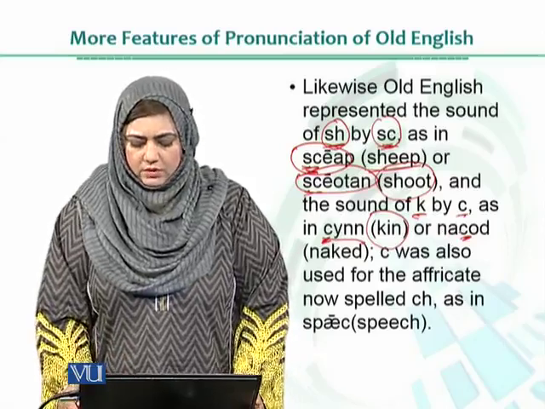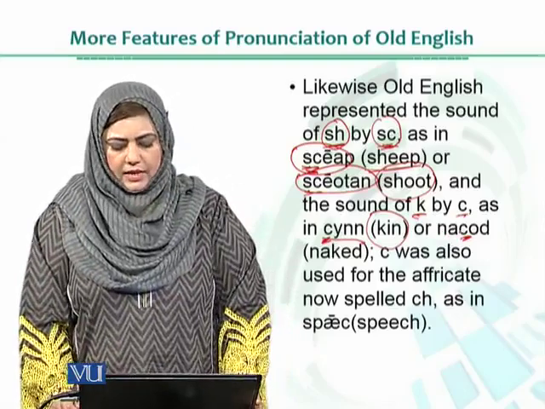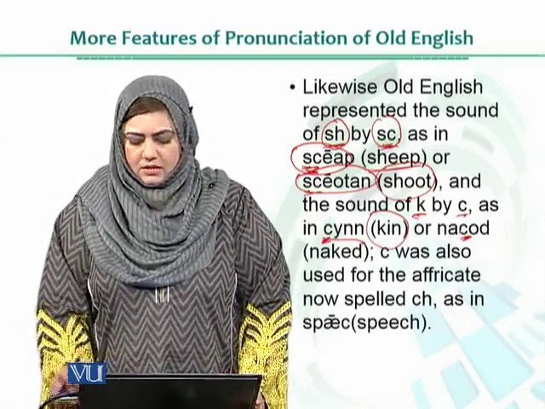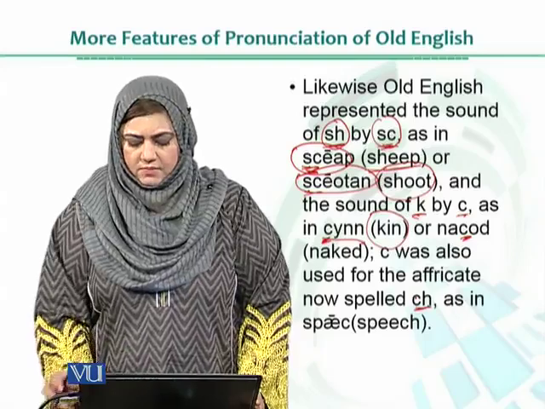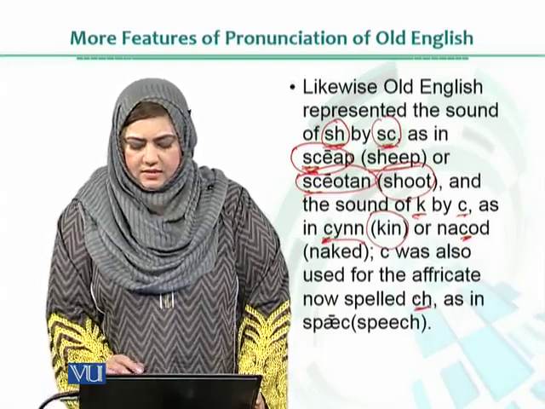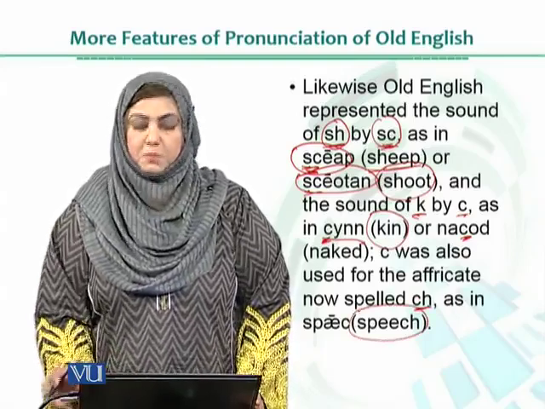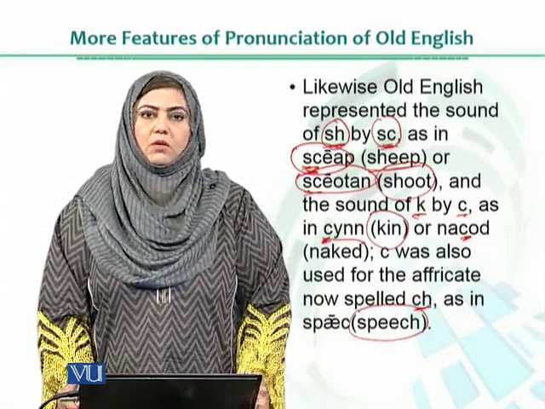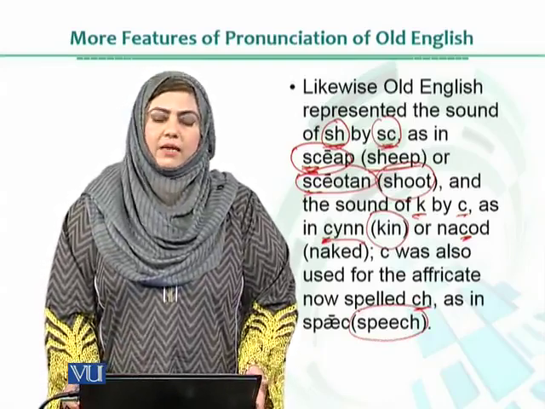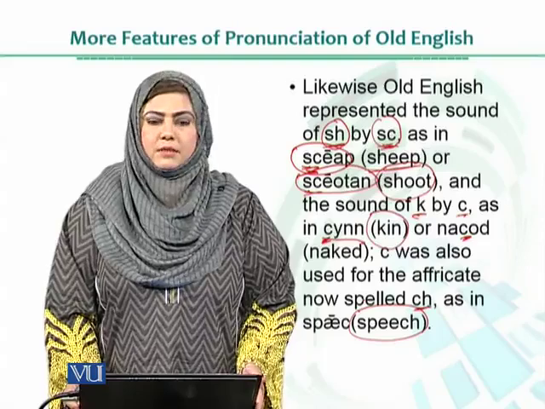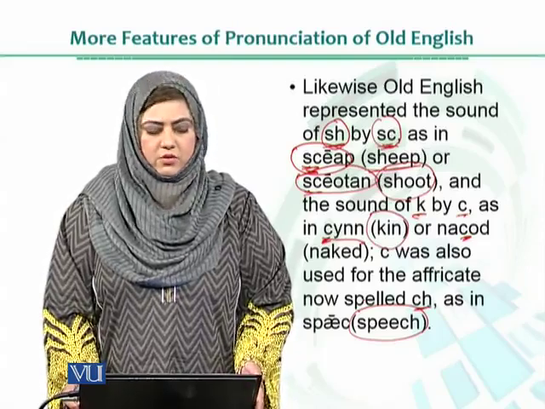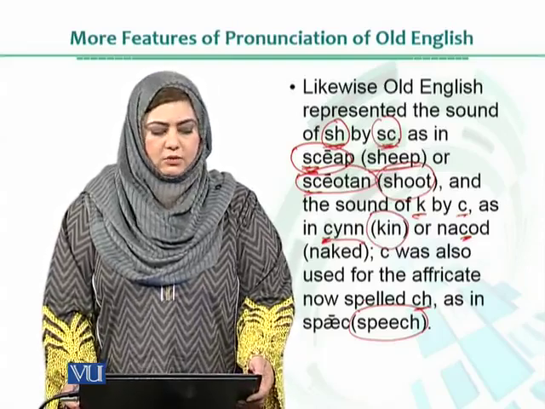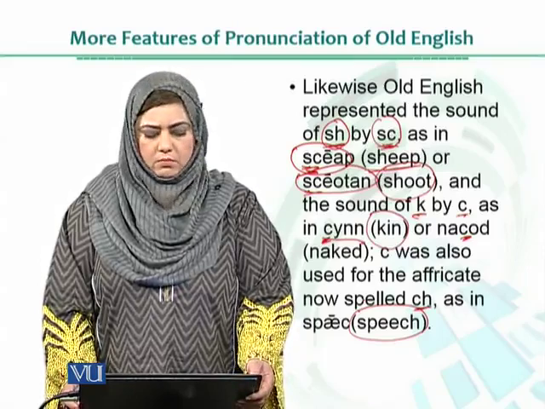So these were all the words that were used for the affricate, now spelled CH, as in the modern word speech. So you can notice how Old English was particularly different in terms of these letters and their use and the sounds related to them as compared to modern English.